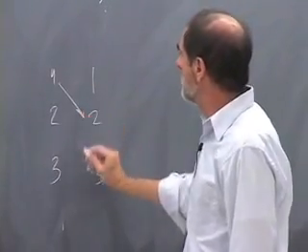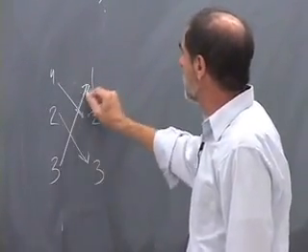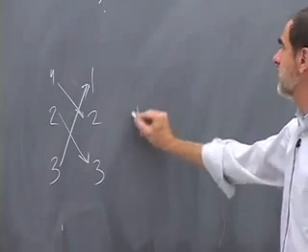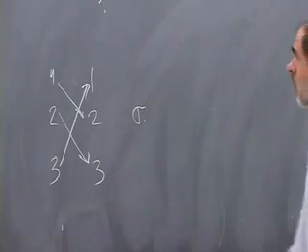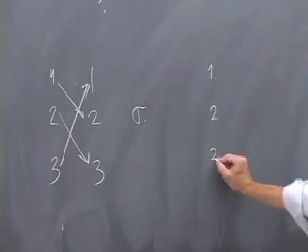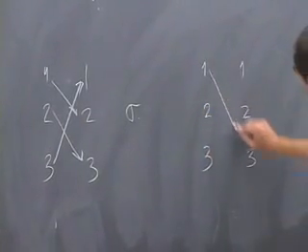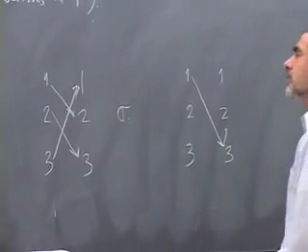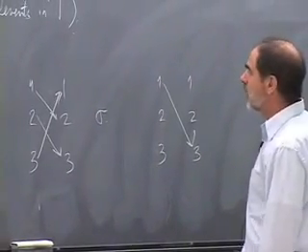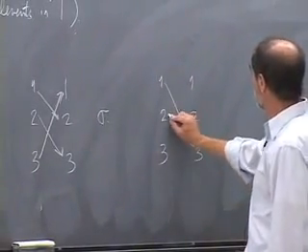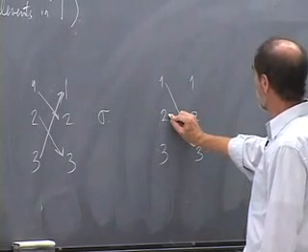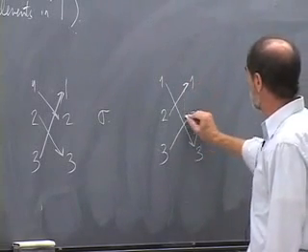So let's write down something that doesn't fix anything. Well, we can take 1 to 2, and 2 to 3, and 3 back to 1. Let's call that one sigma. Or, another possibility, instead of taking 1 to 2, we could take 1 to 3, right? Then 2 would have to go to 1, and 3 goes to 2.